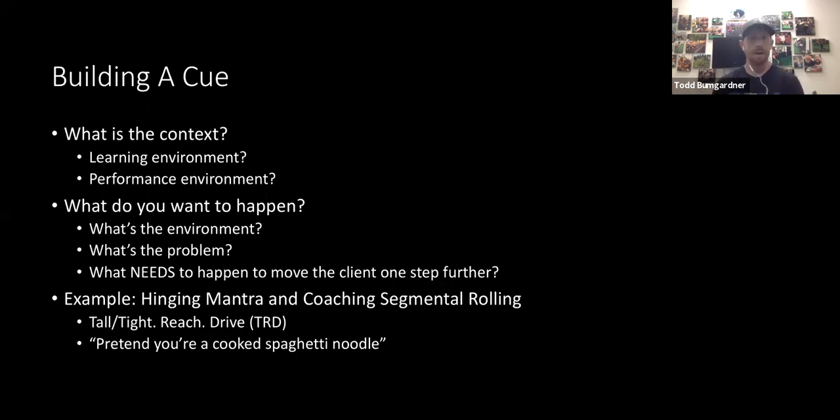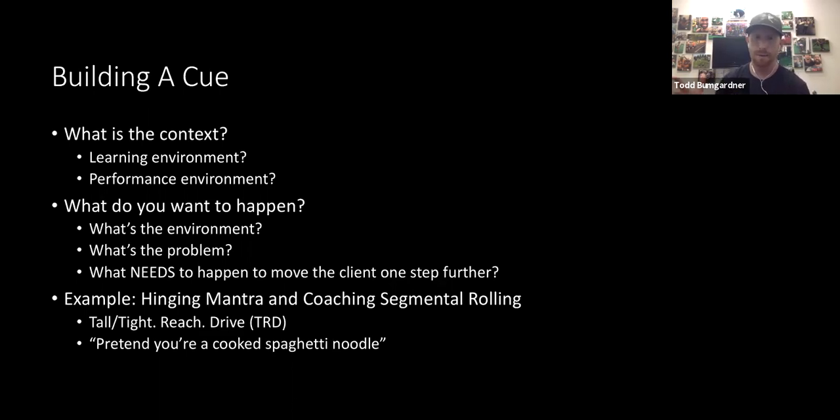What's the problem? People don't know how to start, move through, and finish the movement. It's like, how do I hold my body? How do I move into the bottom position I need to be in? And how do I get back to the top position? What needs to happen? I need to get a big amount of information in a small package to a person so that they can understand this movement and then take it forward and have something to repeat to them. Those are the answers to all those questions.